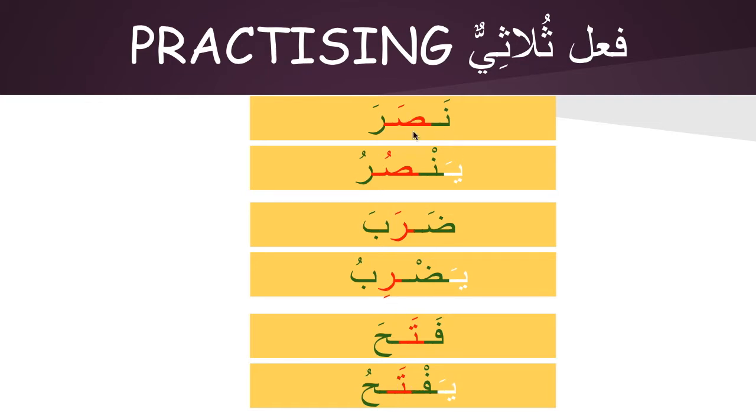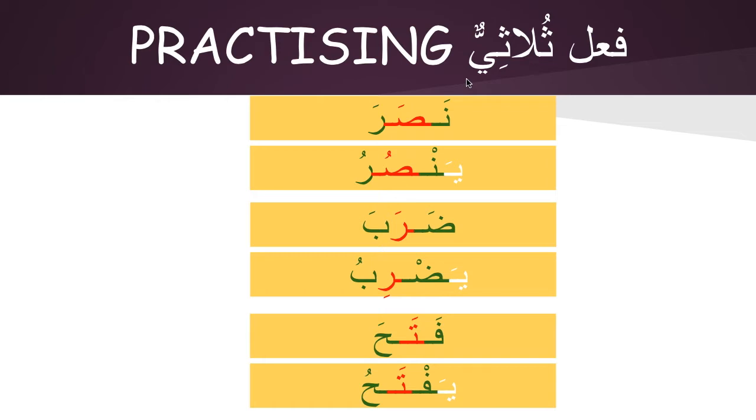Based on this combination in the ain kalima, 6 groups are formed for the fa'al thulathi. It is called thulathi because we are dealing with 3-letter verbs, and this grouping is mainly for 3-letter verbs.